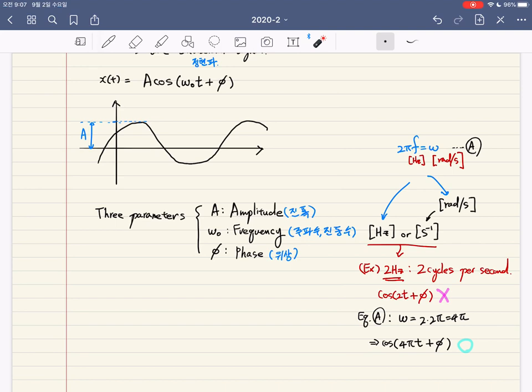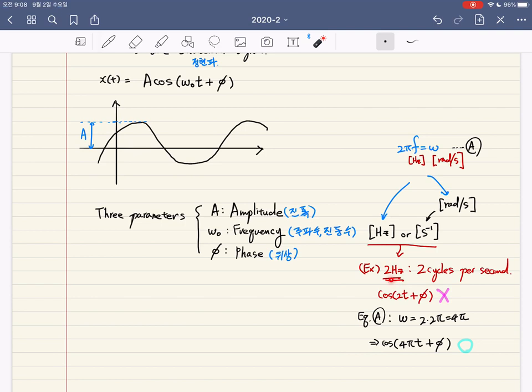Sometimes there is a confusion about the hertz and the radian per second, so I think you should really memorize or think about this equation.